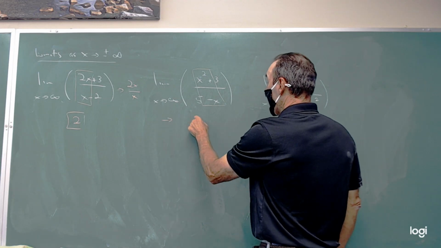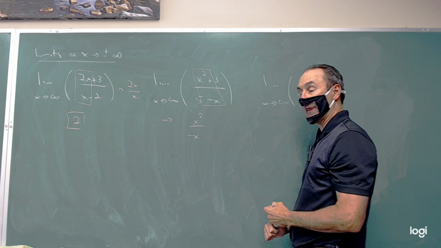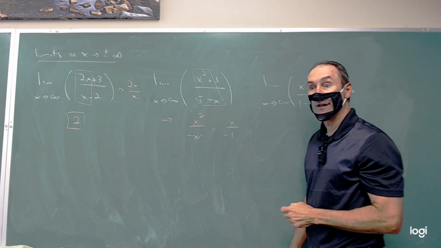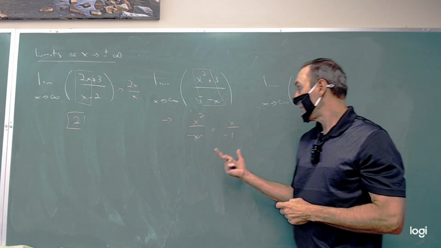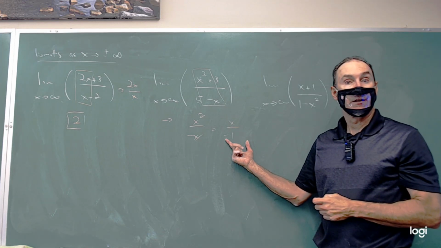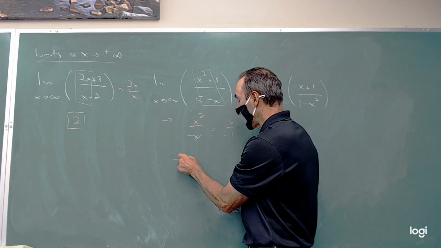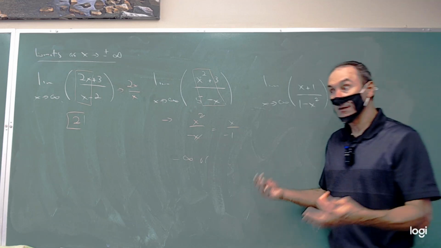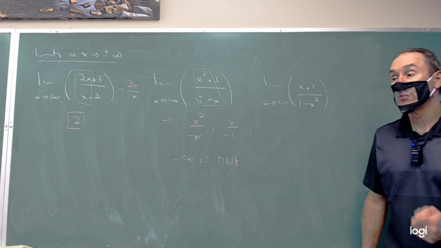So this is going to act like x squared over negative x, which acts like x over negative 1. As x gets huge, what's this approaching? You could say, correctly, negative infinity, or what's our safe bet? Does not exist. It is not getting closer and closer to a single number.